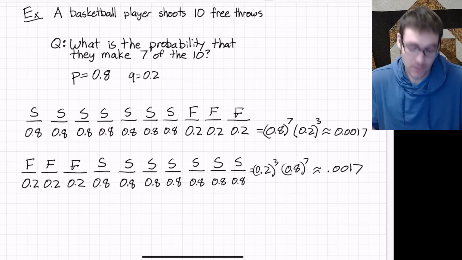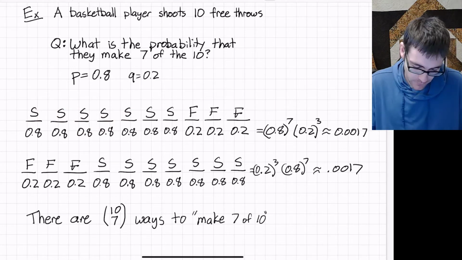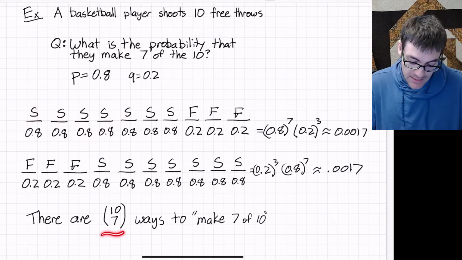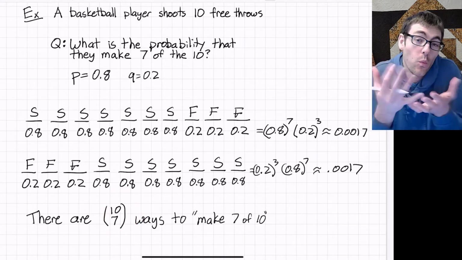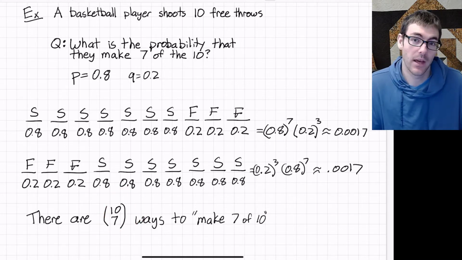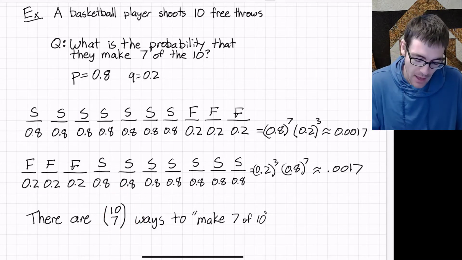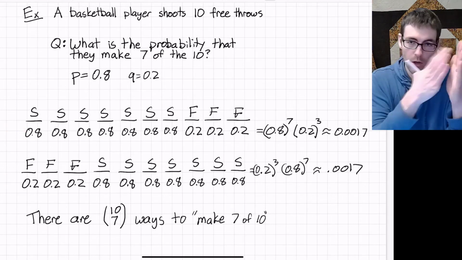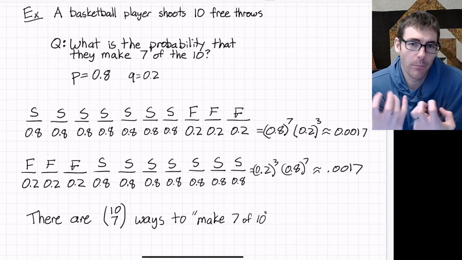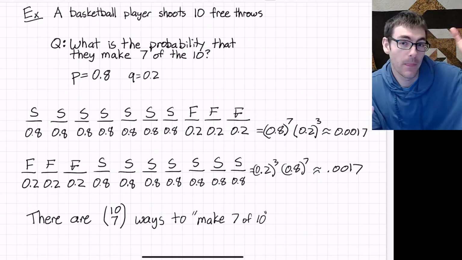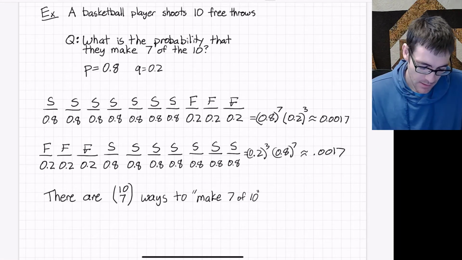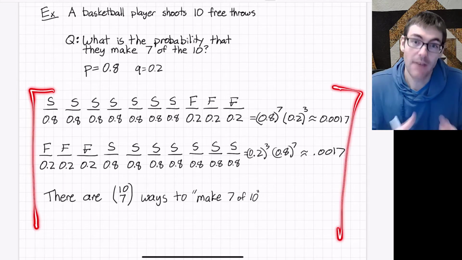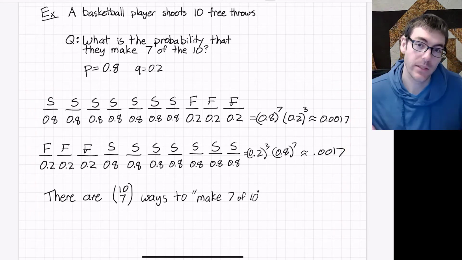How many ways are there in which to do that? So there are 10 choose 7 ways in which to make 7 of 10. There are 10 choose 7 items in this list if we're listing out all of the different orderings to how we can accomplish this situation of making 7 of 10. This list is 10 choose 7 entries long.